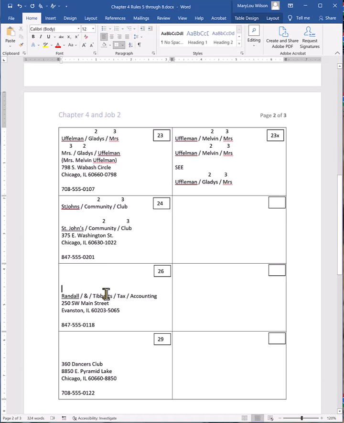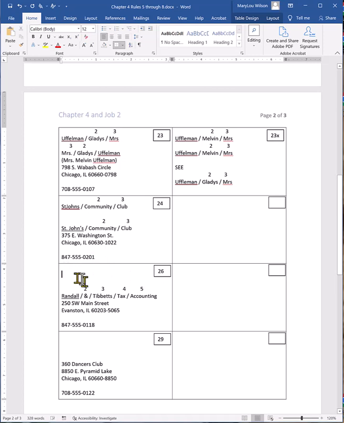We underline that, and then the symbol is going to be unit 2. We're going to spell that out in a minute. Tibbetts, unit 3, tax, unit 4, and accounting, unit 5.